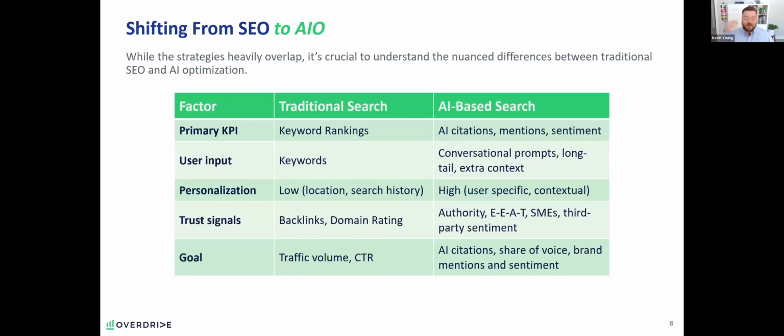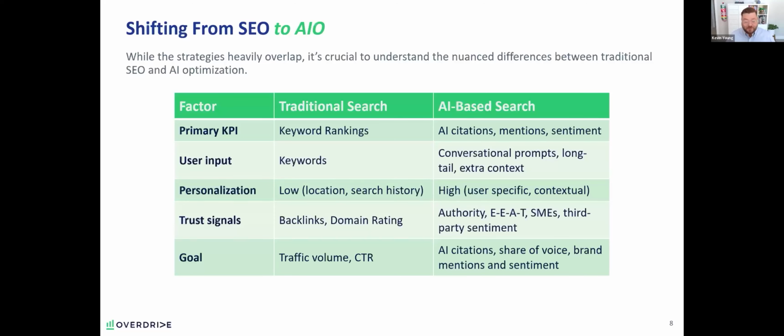is very unique. And speaking about that uniqueness, let's talk about the personalization of these experiences. So personalization in traditional search has always been somewhat low. Ultimately, they're looking at things like location or your search history or your cookies. But when I Google something and when you Google something, ultimately that search engine result page is going to look pretty similar.